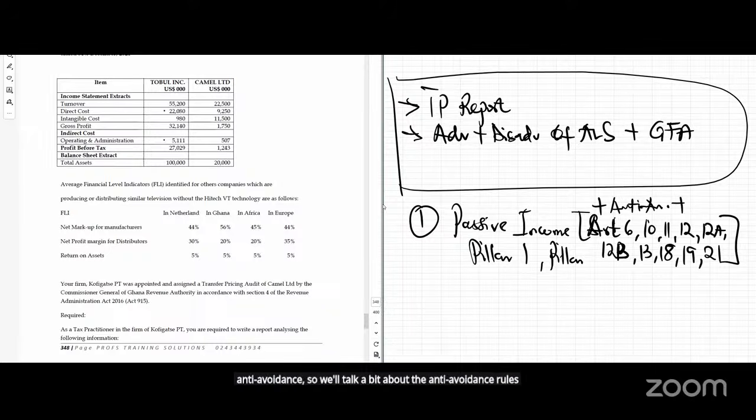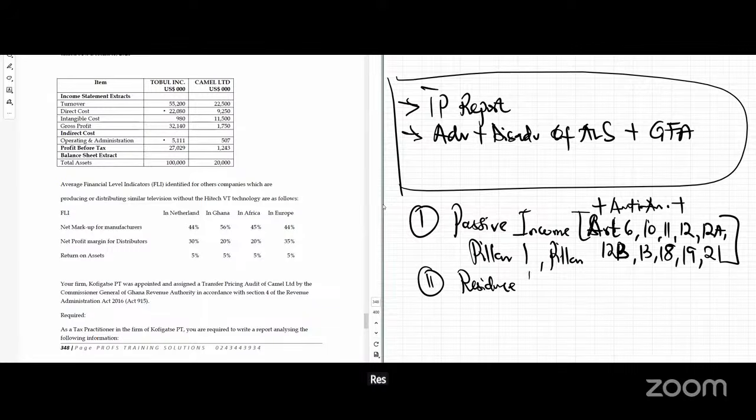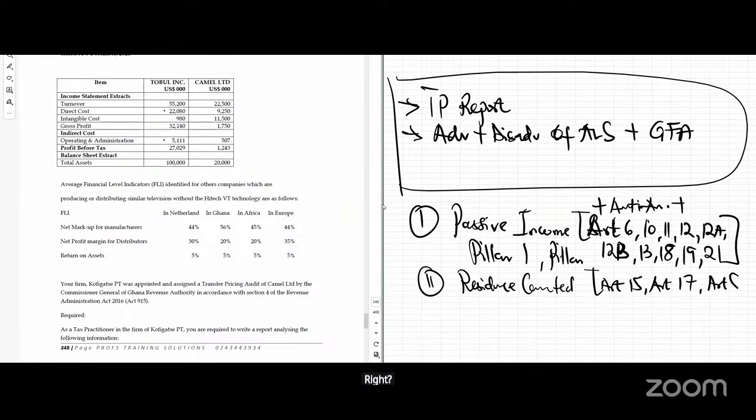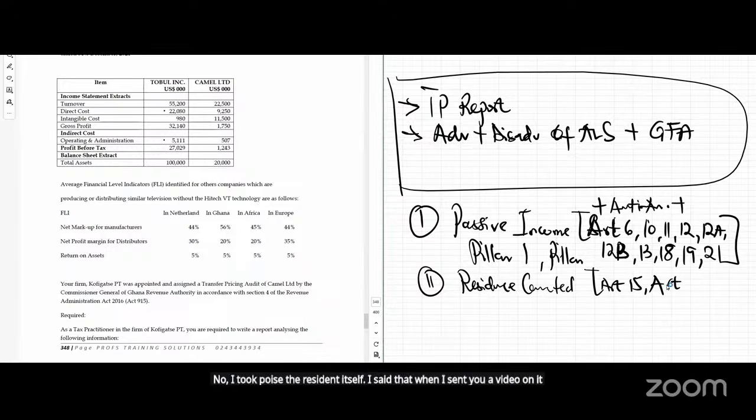And then I am going to talk about what? Residents. Residents, I already sent you a video, right? But I'll talk about residents connected articles, like Article 15 and Article 17, artists and sportsmen, right? Then Article 8. No, Article 4 is the resident itself. I sent you a video on it. So I'm only going to talk about the articles associated with it.